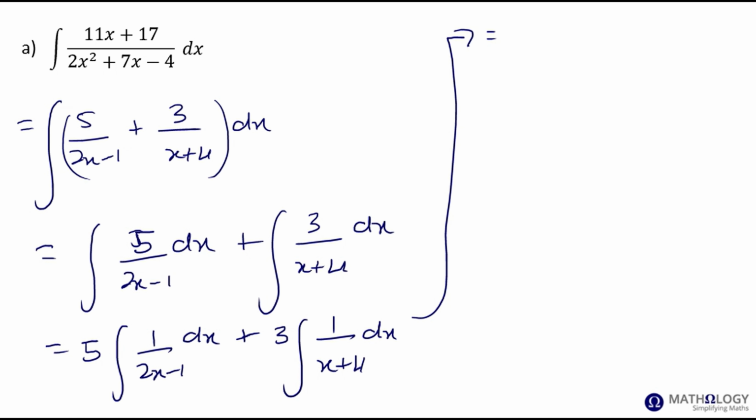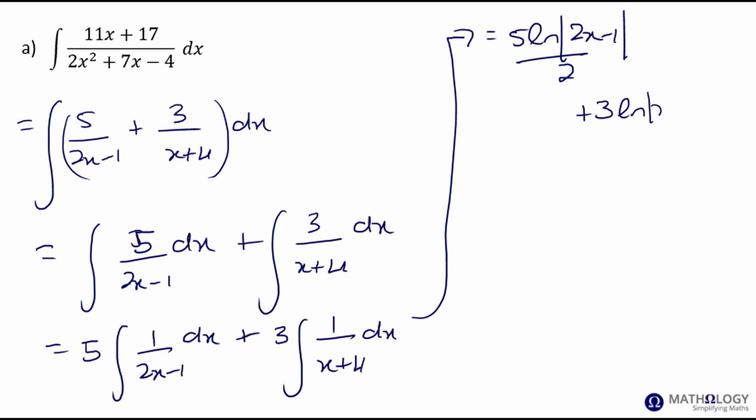The integral of 1 over 2x minus 1 will be ln of 2x minus 1. But because we're integrating, we end up dividing by the derivative of 2x, so that's divided by 2, plus 3 times the integral of 1 over x plus 4.